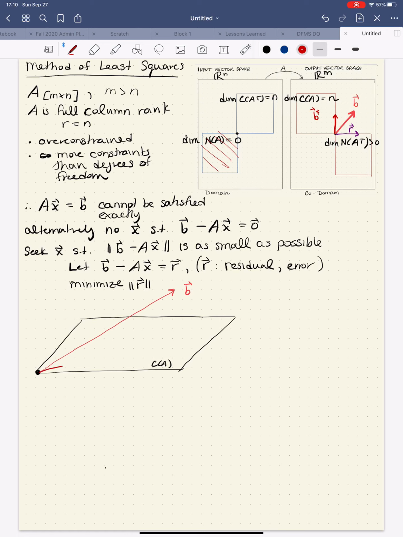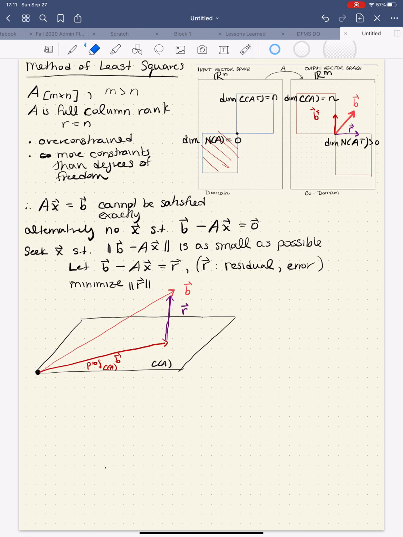So if I could find a projection of b onto the column space of A that lives in the column space, the vector that is orthogonal to the projection is none other than my vector r.